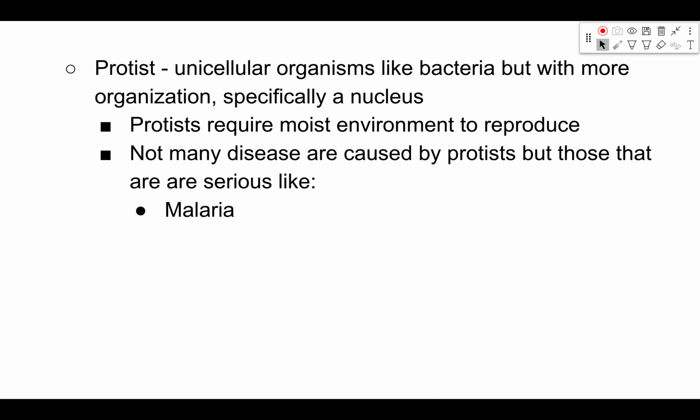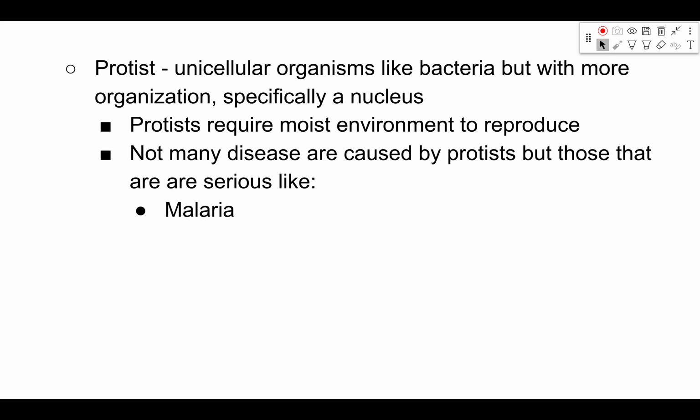These plasmoids get into your blood and infect your red blood cells and cause them to burst, and you get very sick due to that. Then if you get bitten by a mosquito, the mosquito takes those plasmoids and deposits them into the next person that it bites. And that is how malaria is transferred.